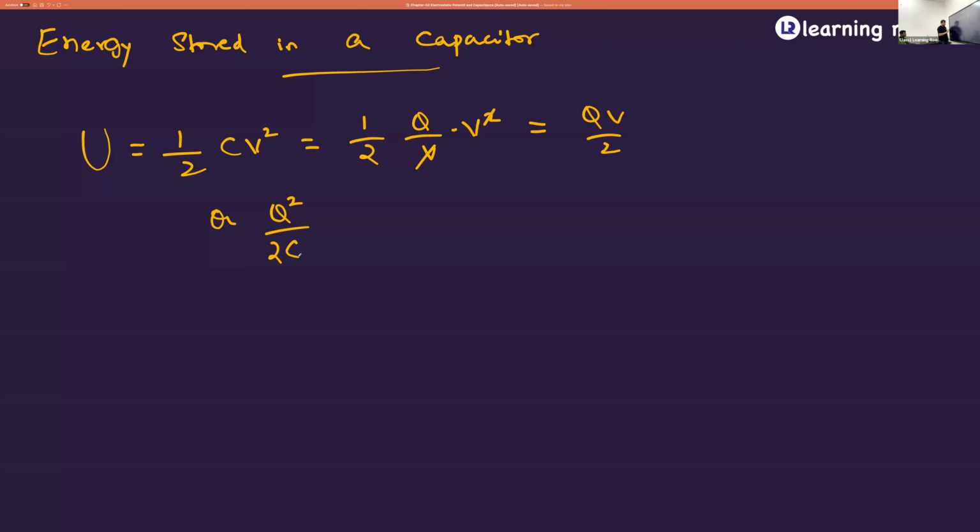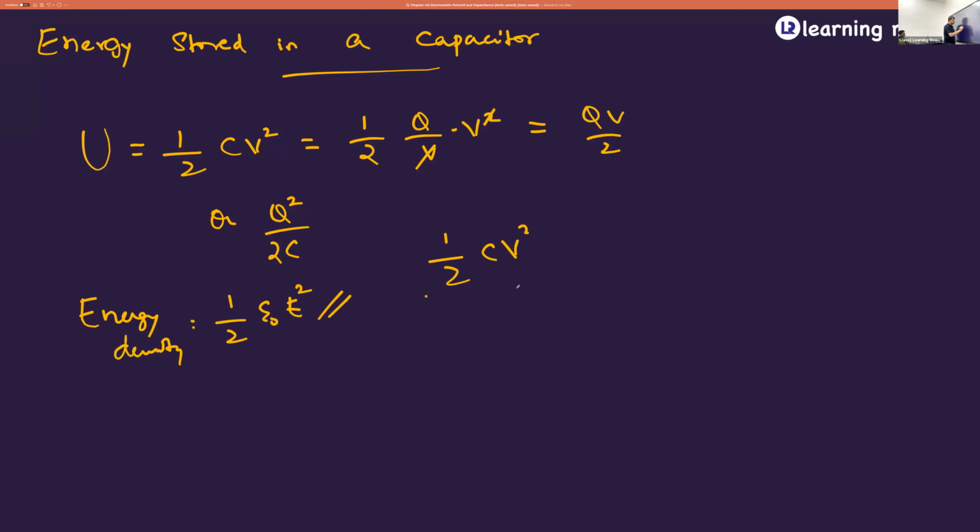What about energy density? You will get half epsilon naught into E square. How did we derive this? You will get it using the formula half CV square divided by volume. What did we use for volume? Volume is area of cross section multiplied with the distance of separation.